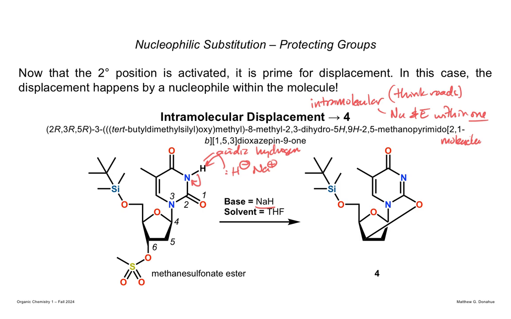And so I drew that really long, weird bond here. That's showing you that the oxygen attacks that carbon to displace the leaving group. So you've done one of the inversions, and then in the next step we'll treat with the azide, which then attacks that carbon to retain the stereochemistry.